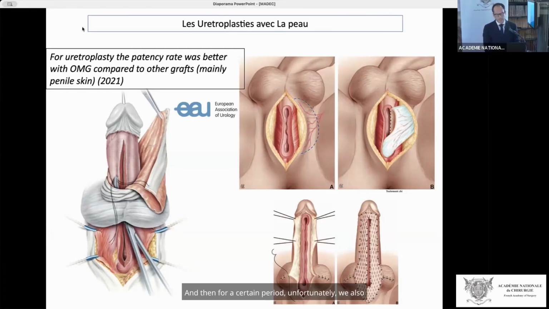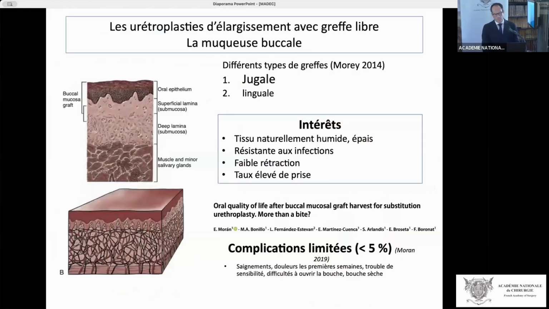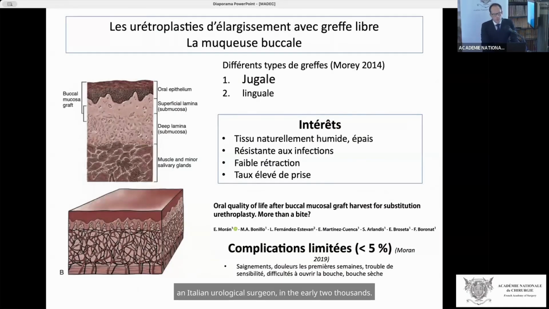And then for a certain period, unfortunately, we also did urethroplasties with hair-bearing skin. And so we know we shouldn't do those anymore nowadays due to severe patient complications with stones and infections and chronic infections. So now it's really the buccal mucosa that has become the tissue of choice for urethral reconstructions. It was repopularized notably by Barbagli, an Italian urological surgeon in the early 2000s.